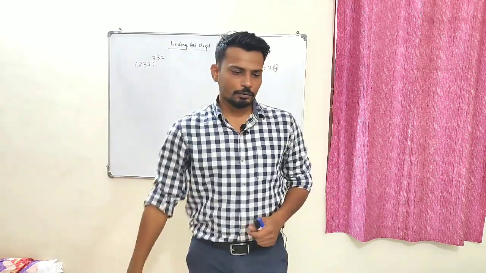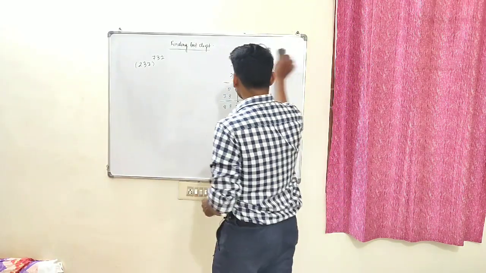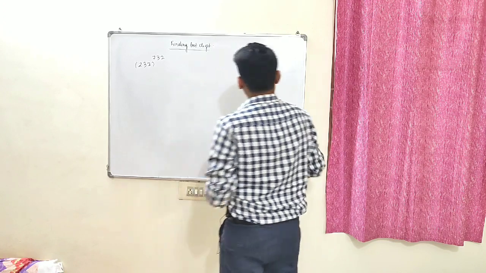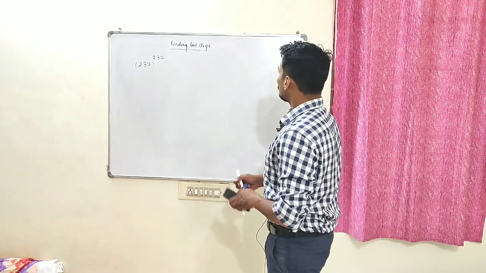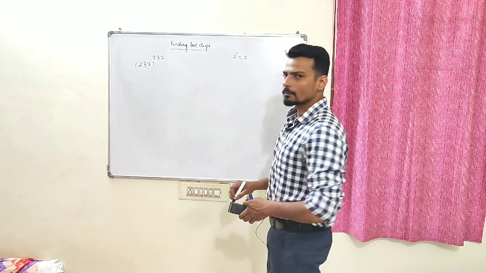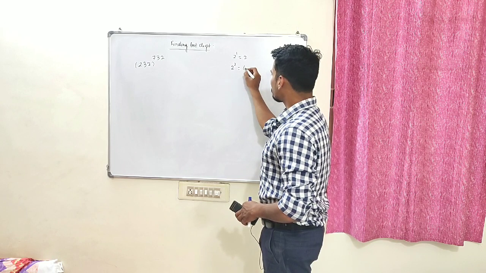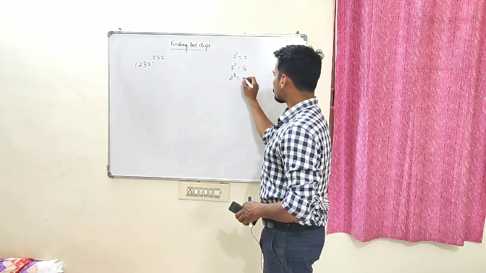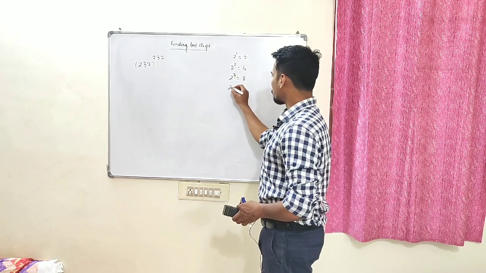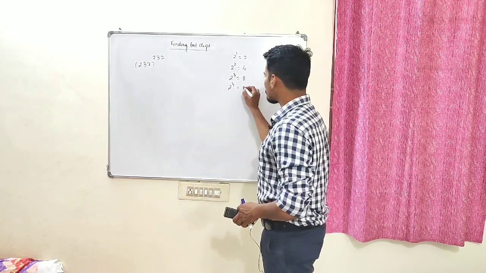So before we do that, let us understand some properties of numbers, the way they repeat themselves. The first thing which you should know, for example, 2 to the power of 1 gives you 2, right? 2 to the power of 2 gives you 4, 2 to the power of 3 gives you 8, and 2 to the power of 4 is 16, but the last digit is 6.